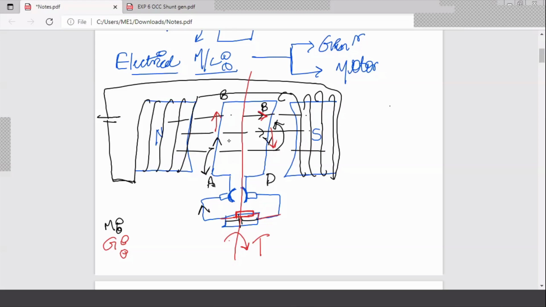If movement is upwards, the current will be inside the coil here, right? Similarly, for the coil CD, flux is moving from left to right, so the direction of your forefinger is from left to right. Your movement is downwards, so your current is actually coming out.